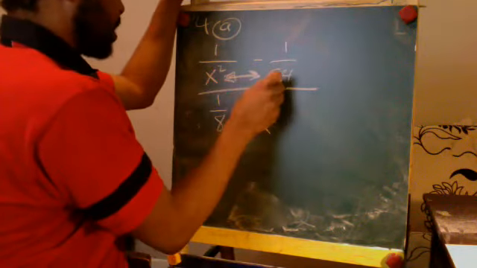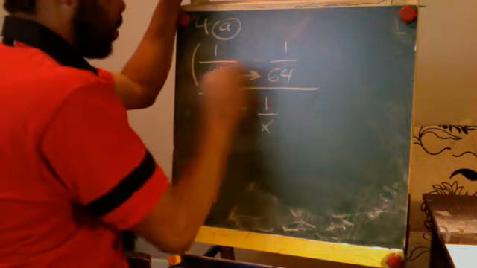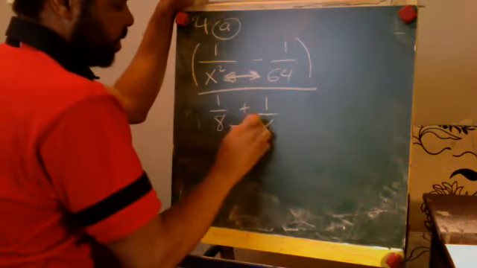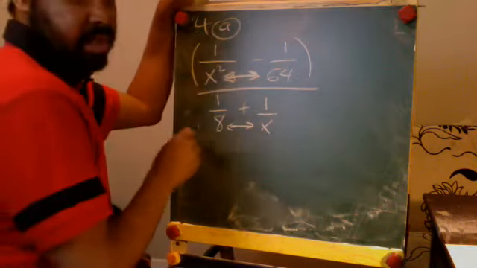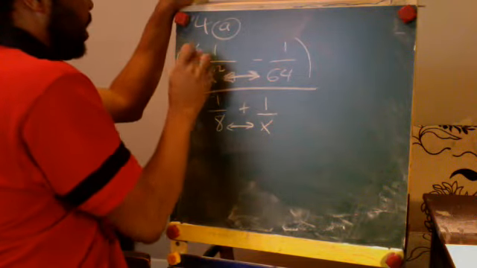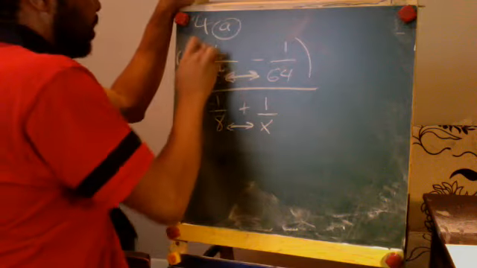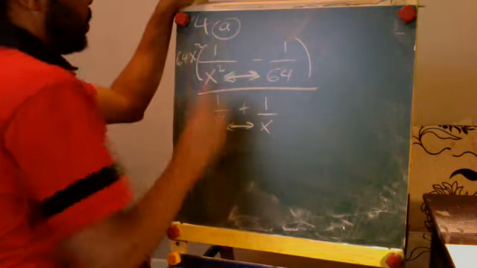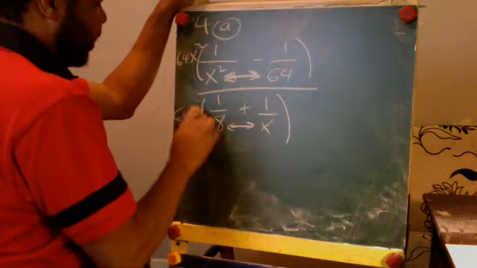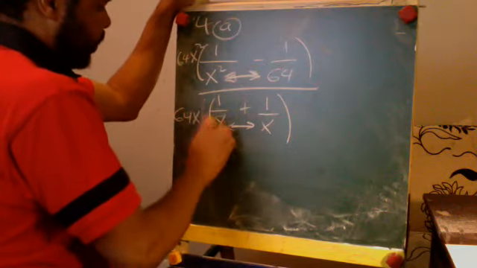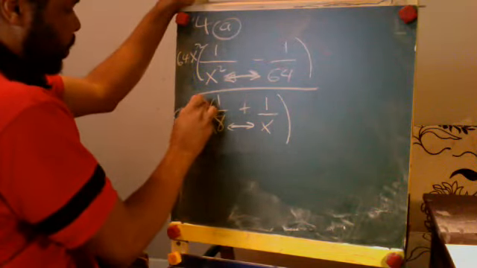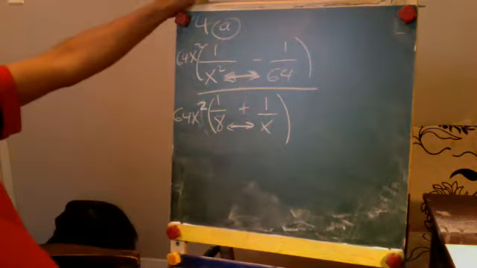64 times x squared is going to be 64x squared. Use that, because if you multiply this, you're going to get something smaller, which is going to be 8x. So I'm going to have 64x squared as my multiplier. And I have to do the same thing in the denominator. All right.